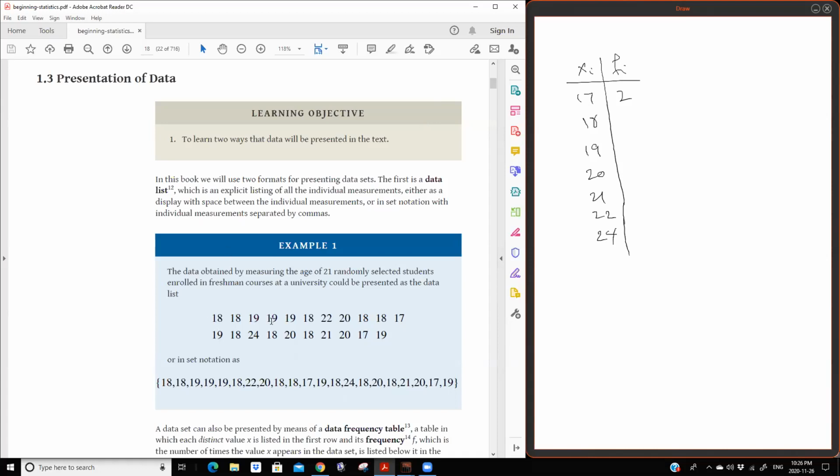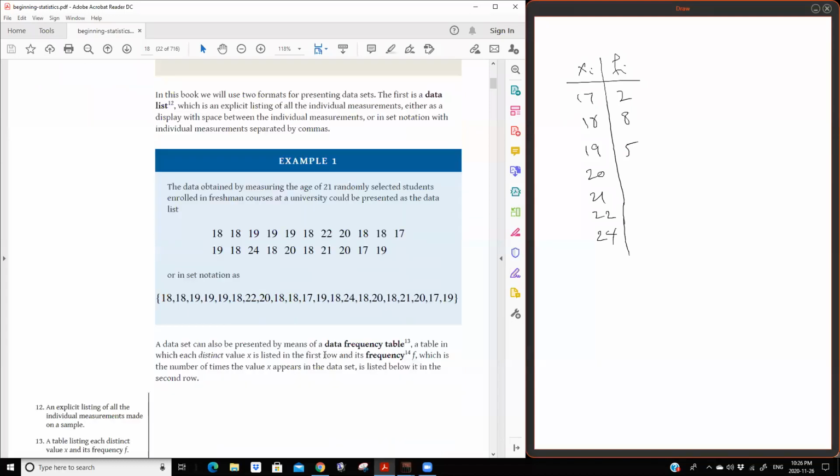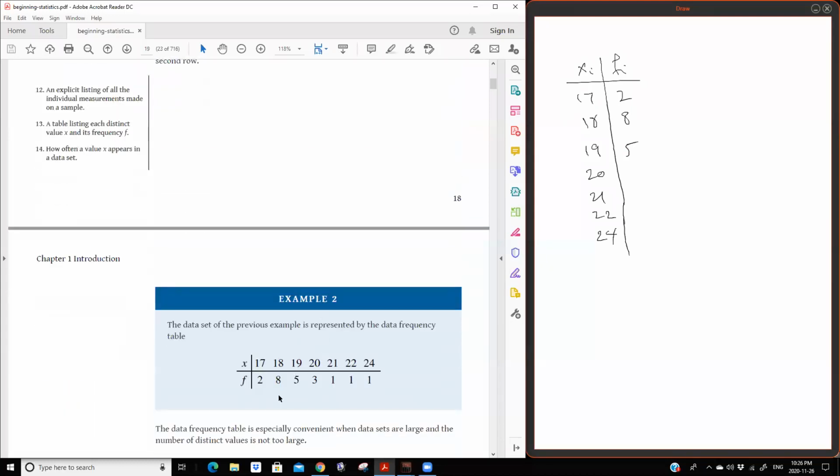18, 1, 2, 3, 4, 5, 6, 7, 8 18s, and then you count the number of 19s, 1, 2, 3, 4, 5 19s. If you do that, you create something called the frequency table.